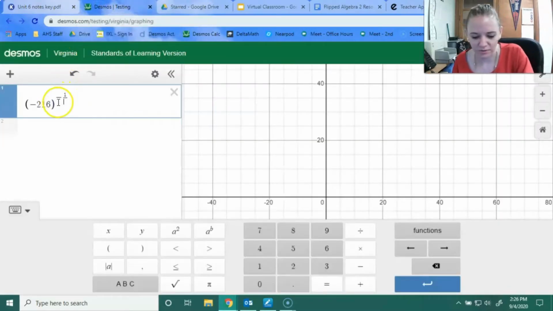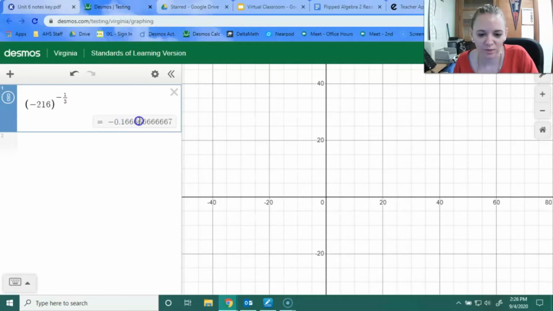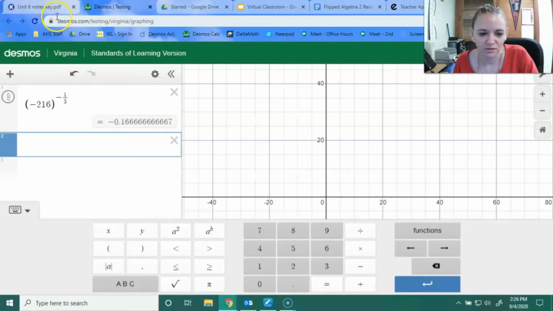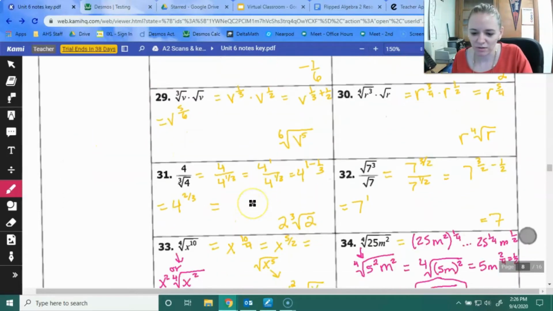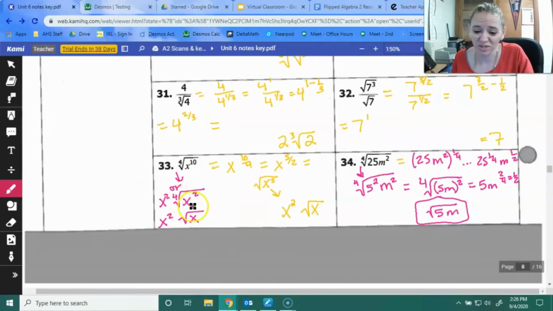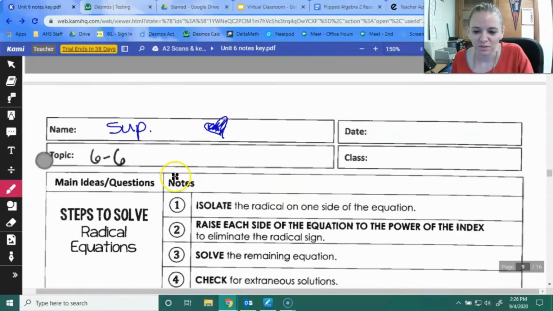The only challenge is this doesn't convert you back into a fraction, but it does give you the answer, and then you would just have to figure out that that's the same thing as negative 1/6. Or putting it in the handheld calculator would give you the fraction by doing math enter. So you can do that on some of these, but if there's a variable thrown in there, then you can't really do it with the calculator.